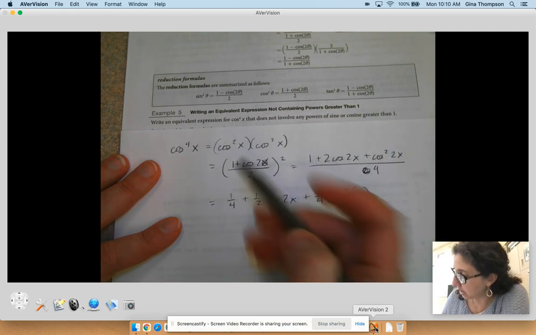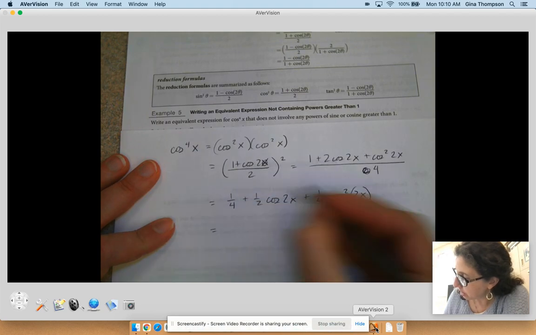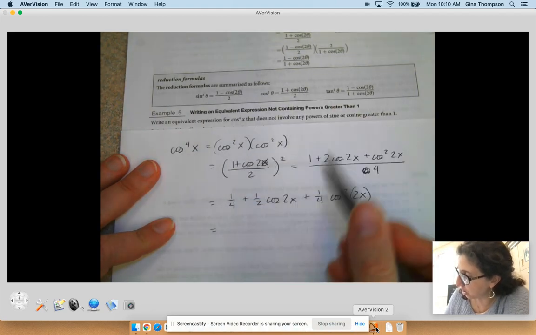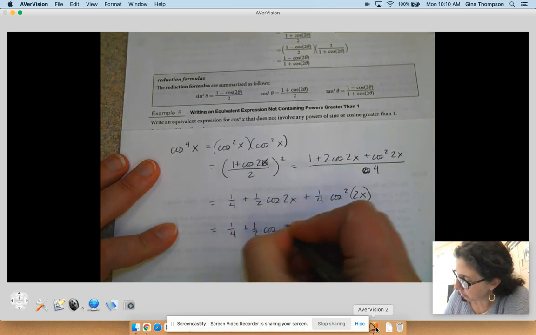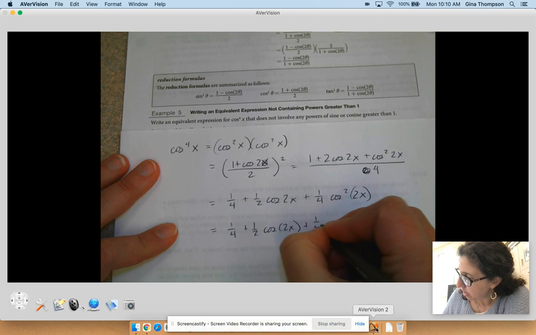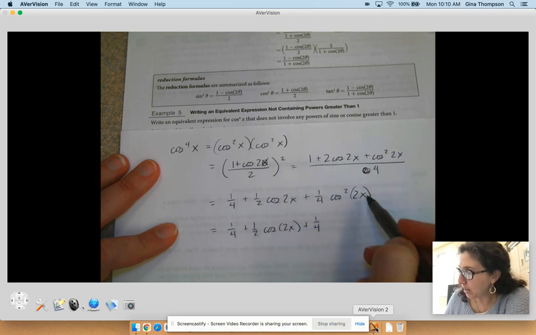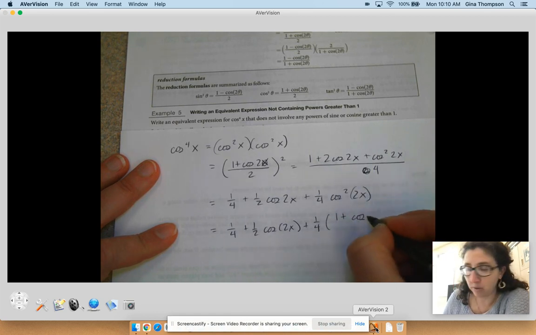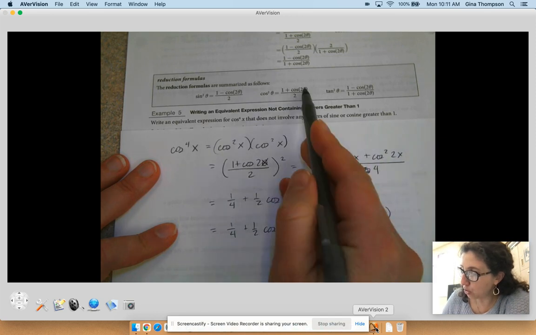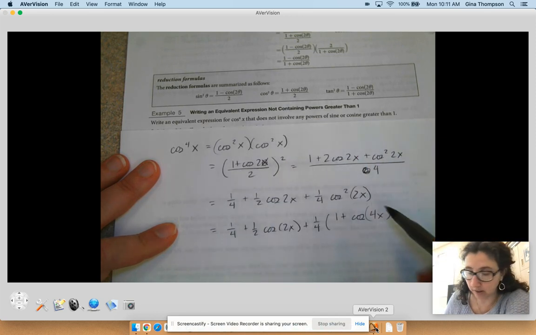I'm going to use this formula here, 1 plus cosine of 2 theta over 2, for this cosine squared. What is my theta in this case? My theta is 2x. So what am I going to get? I'm going to get 1 plus cosine of, this is the key moment, 4x. Because it's 2 times whatever my theta is, 2x. This is the easy place to make a mistake.